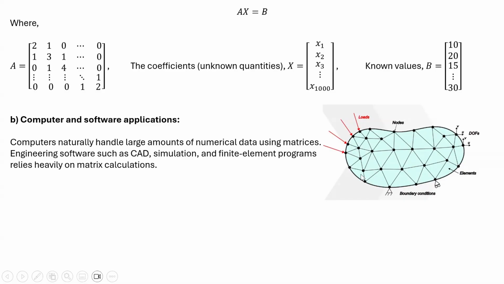But now, how will the computer solve this? Because let's say there are thousands of elements in this particular object, and for thousands of elements, there will be so many equations. For that reason, the machine uses matrix processes to organize the whole system, and then it gives you a particular result for that simulation or design.